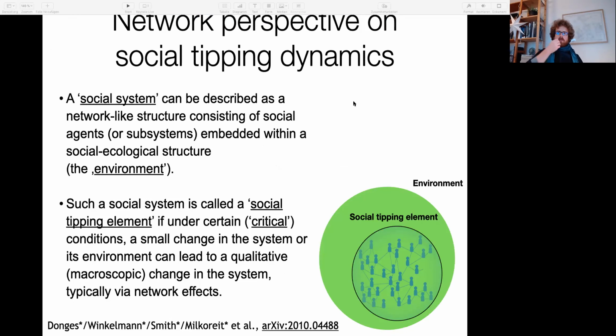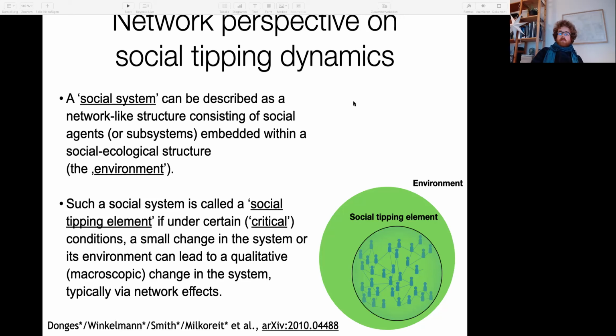Now we come to a definition, a network-based definition of what we mean by a social tipping system. First, we consider a social system to be a network-like structure that consists of agents, social agents or subsystems, and other entities, could also be institutions, social norms, and so on, that is embedded within a social ecological structure, the environment.